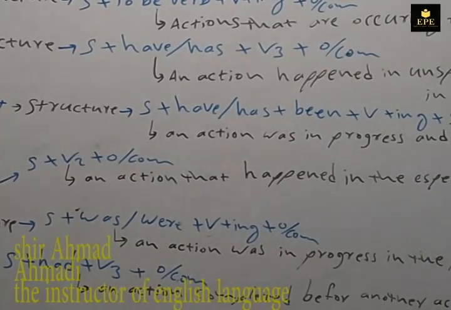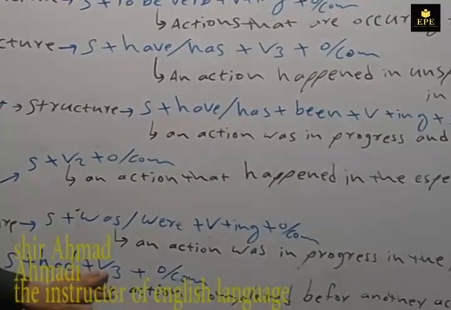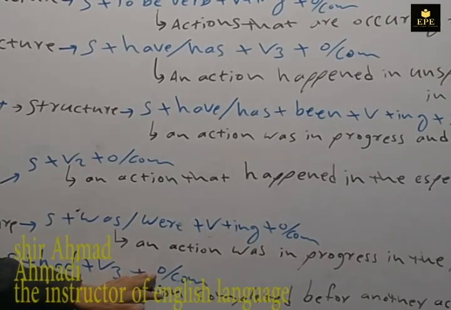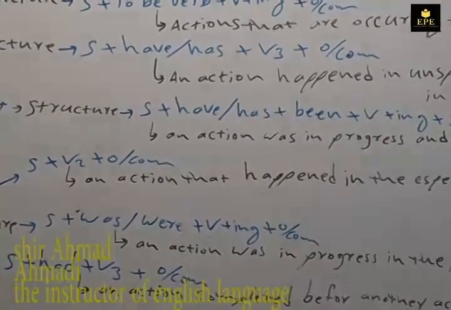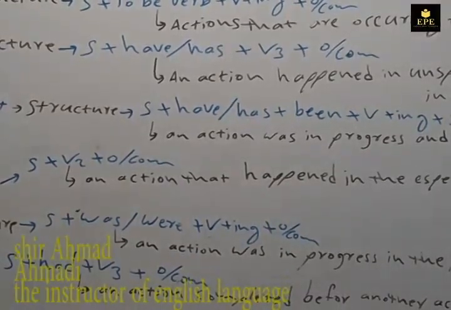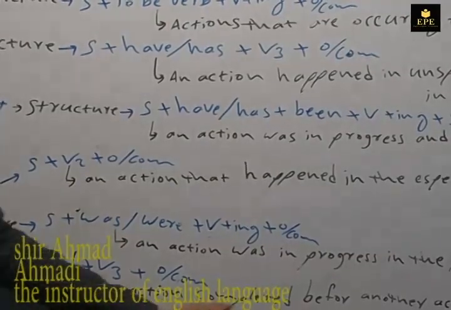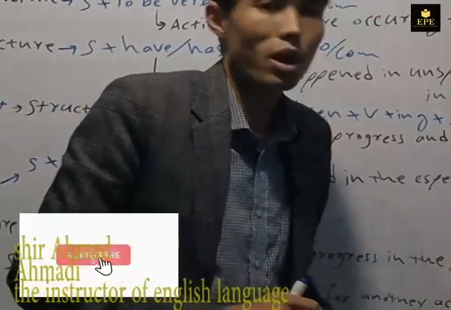The structure is subject and then had plus third form of verb, not the first form, not the second form, but the third form. After that, we bring object or complement. If you love to have short definition, please listen to this one. An action completed before another action in the past.